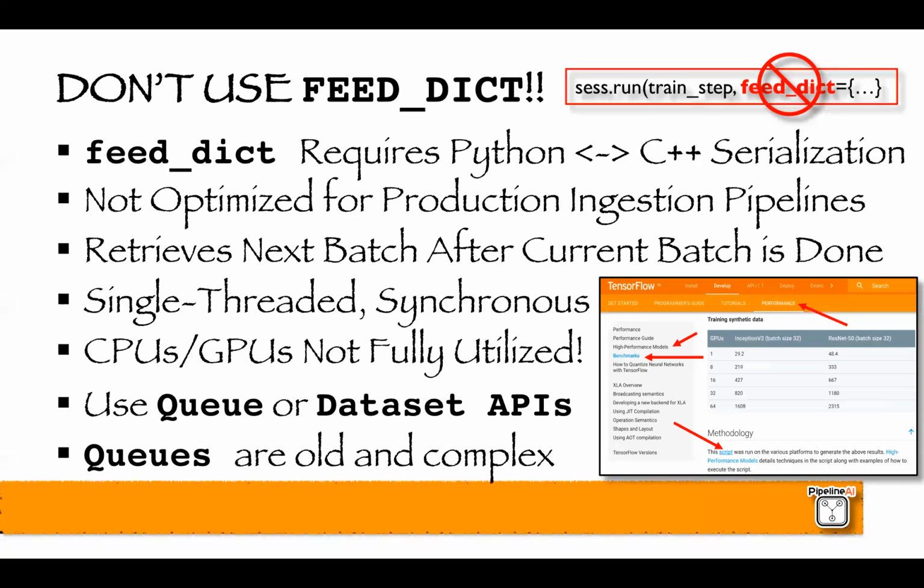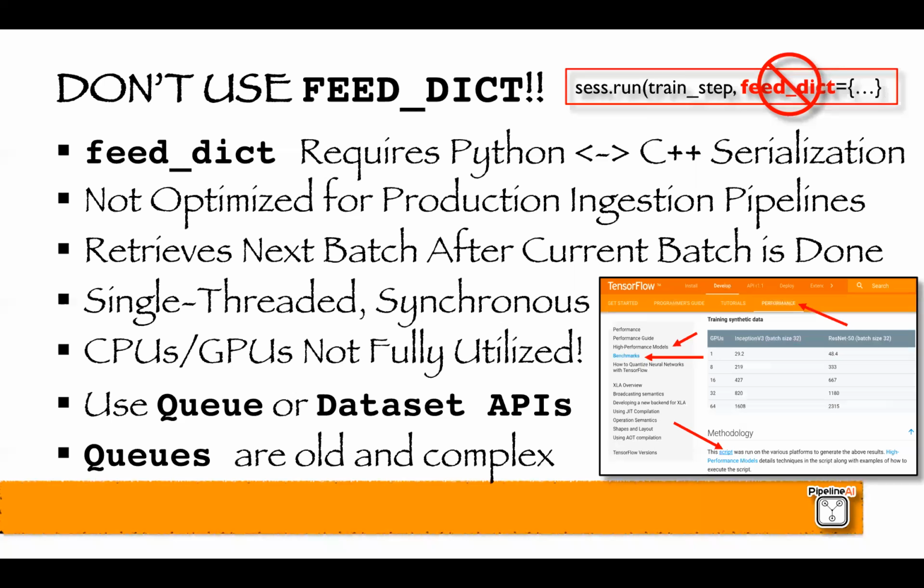They just require you to know a lot about threading and think about thread pools and capacity planning and batch sizes, and you really have to do a lot of profiling even with these queues. They get you closer because they're more native, and they have C++ operations backing them. So they're much better than feed dict, but the dataset API is really where you want to be.